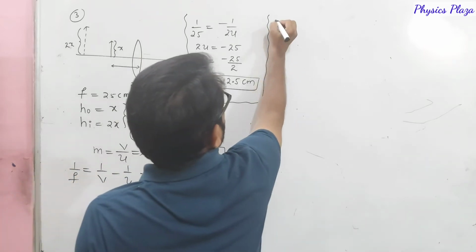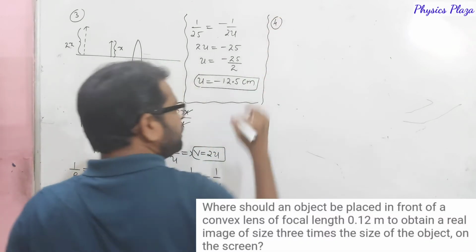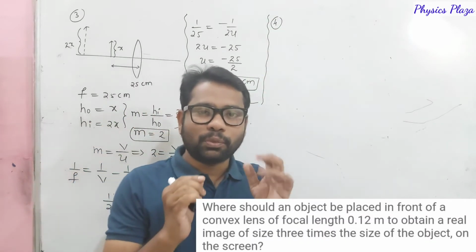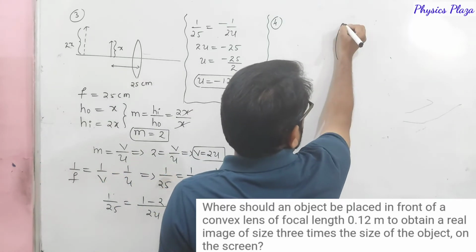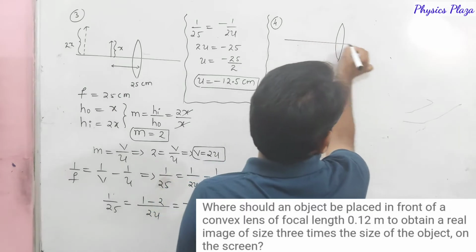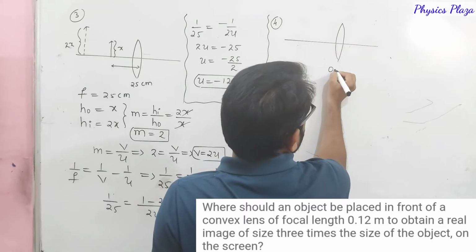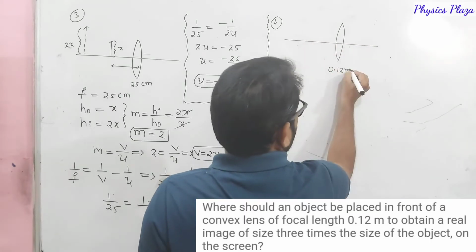Now, just look at the fourth numerical. Children, the fourth numerical is similar to the third numerical, but a small difference is there. It is given that here is a convex lens. Its focal length is given as 0.12.